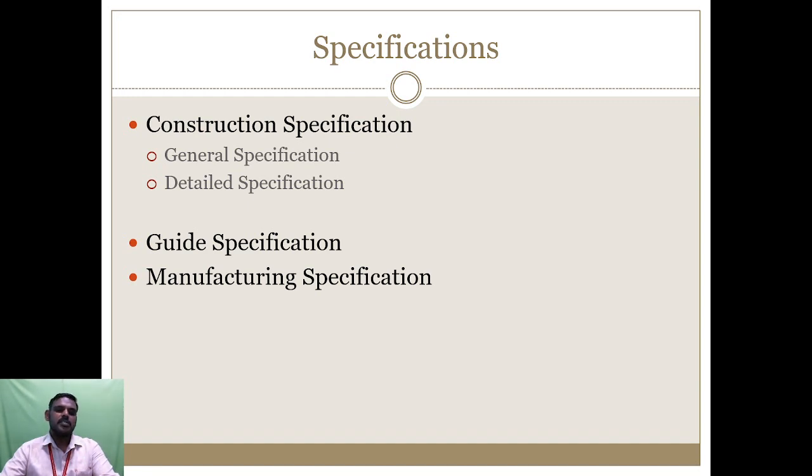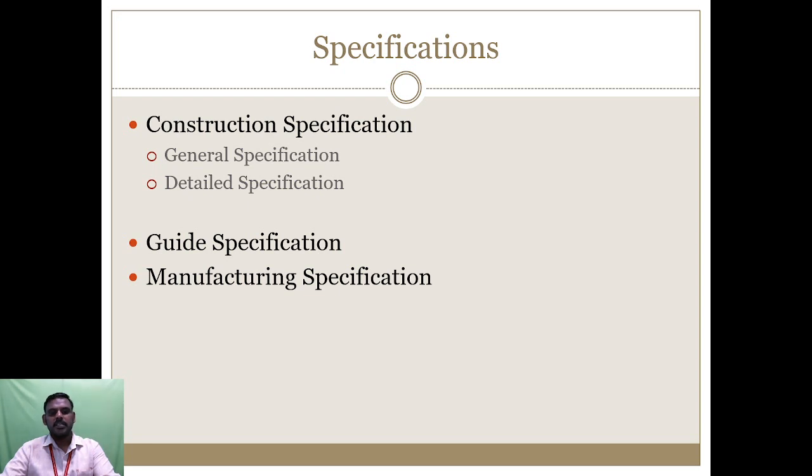Then we have to choose the equipment, because equipment has different qualities and different rates, and we have to consider the economical way to complete the requirement. So the detailed specification shows all the details of materials and equipment which can be used based on the design requirements.